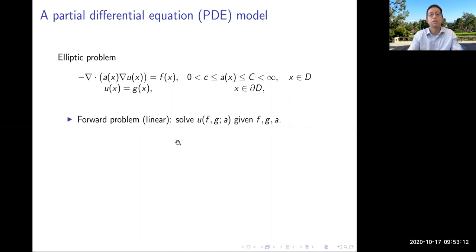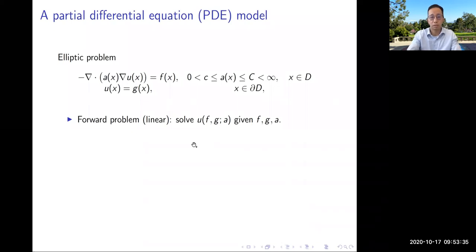So what's the implication? Where do I start from? If I want to study how rich the solution to this type of PDE is, or how well or ill conditioned the inverse problem is, we can always start from something we're familiar with.